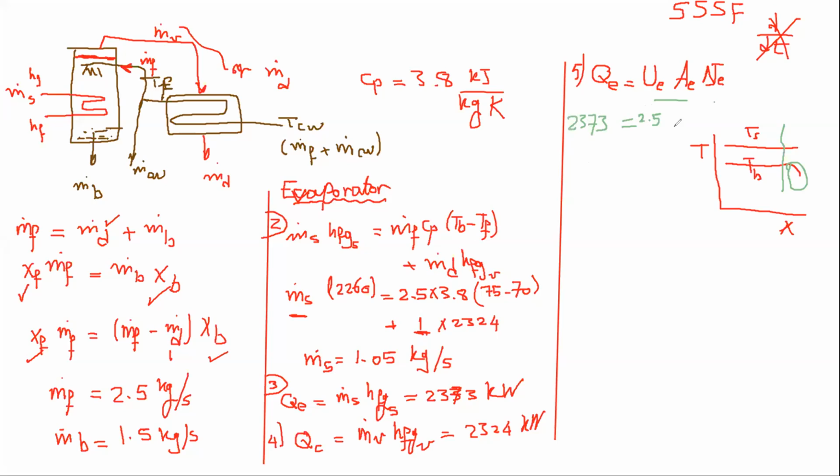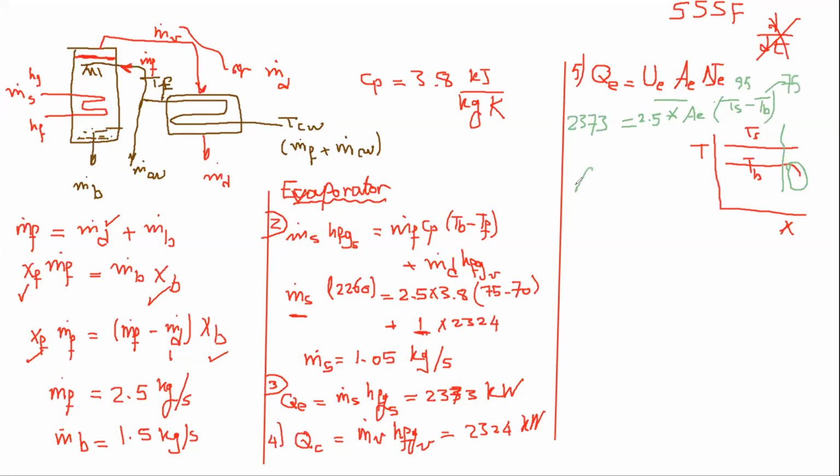The area of the evaporator is what we need. And delta T basically is the difference between them, TS minus TB. The values given to us are TS as 95 and TB as 75.